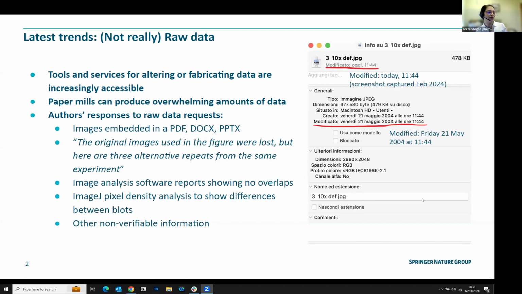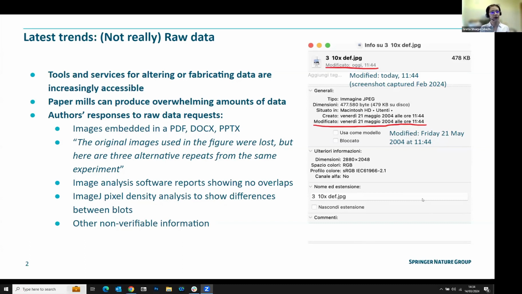And there's other non-verifiable information. The example on the screen currently is where I have told authors that the metadata in their images said that the images were created in 2024 for a very old article. And they sent me this screenshot saying, no, the image was created in 2004.